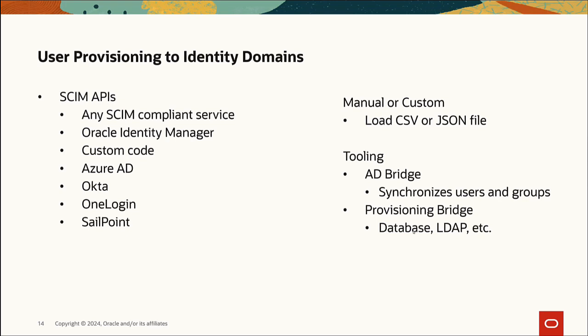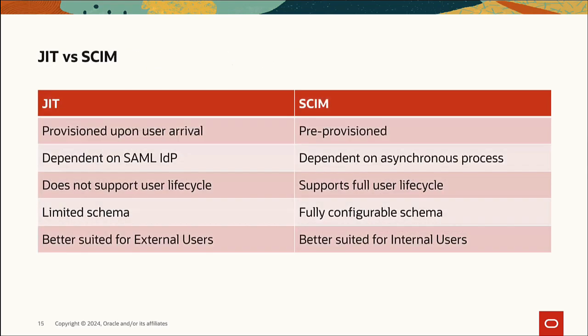You can basically layer a provisioning bridge on top of the database, and then use that provisioning bridge SCIM API to connect into OCI-IAM and vice versa, right? And similarly with LDAP.